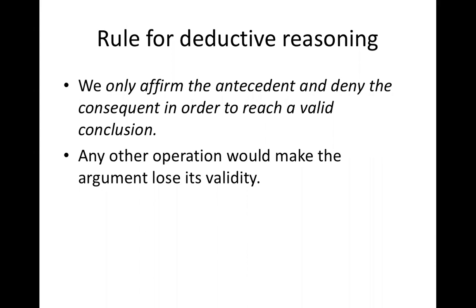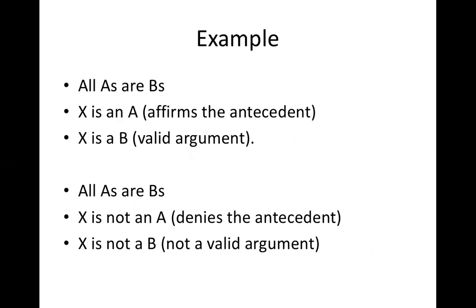Any argument that denies the consequent, we call it modus tollens because it's a valid argument. Then the other two are fallacies. The one that denies the antecedent is a fallacy of denying the antecedent. The one that affirms the consequent is a fallacy of affirming the consequent. Now let's look at it here.